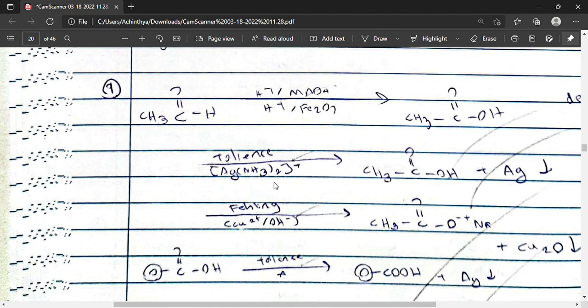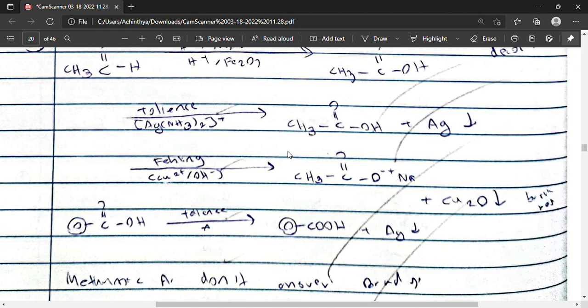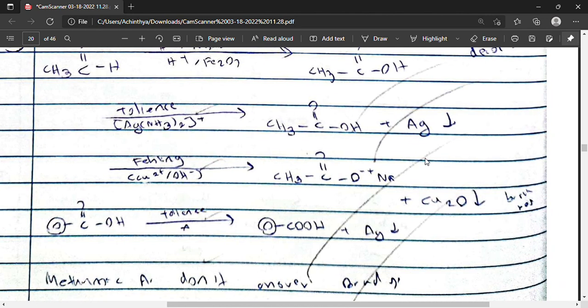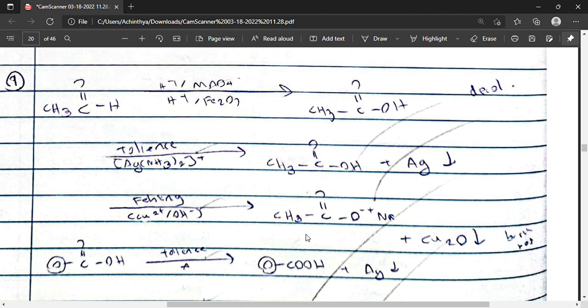Aldehydes can also react with Tollens and Fehling's reagent, but the precipitates formed will be different from those of terminal alkynes. If we were to put Tollens reagent to a terminal alkyne, a white precipitate forms. But here, the aldehyde is oxidized into a carboxylic acid, and silver itself is precipitated.